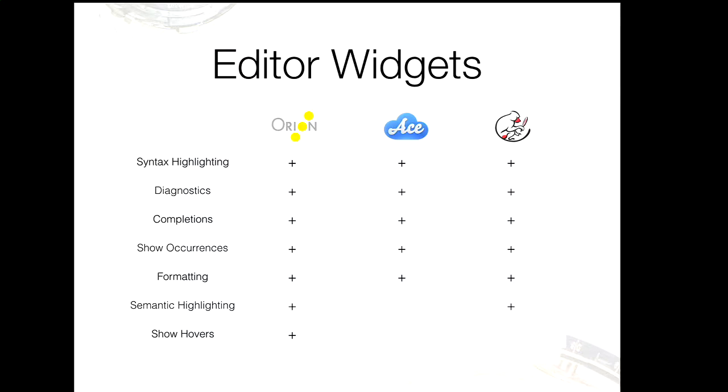So as a very general comparison, I would say Ace and CodeMirror are both JavaScript libraries that are quite on the same level. They use quite similar concepts here and there, and are quite easy to set up.